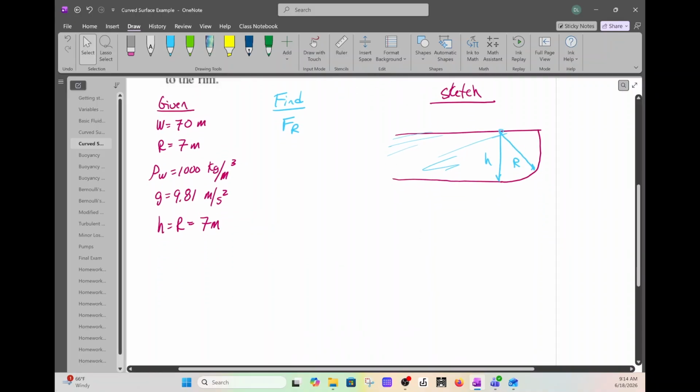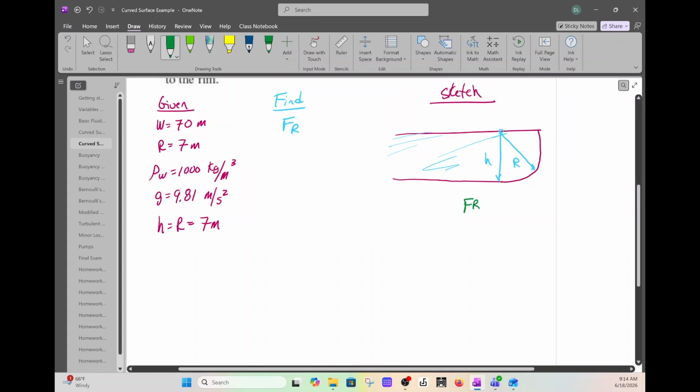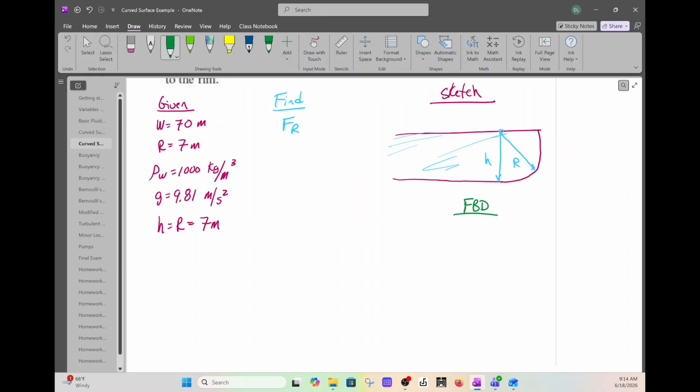All right. Now I'm going to do a free body diagram. Let's see if I can do this. FBD. And we're only going to look at the curved section. So it's like this, goes over, the curve. And I'm going to try to do it in 3D.